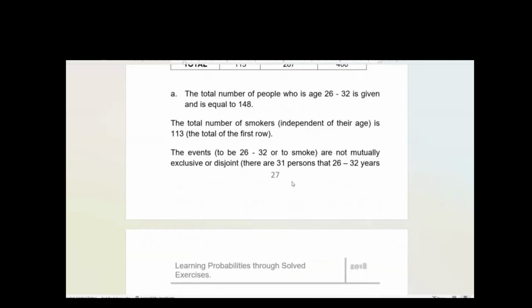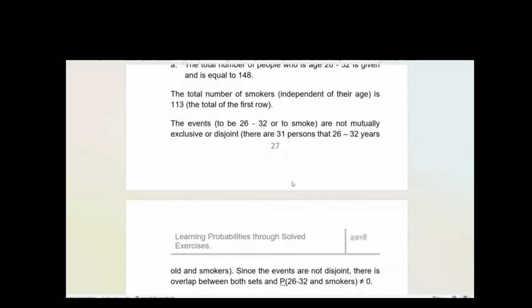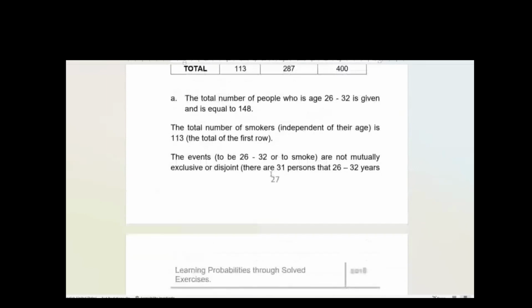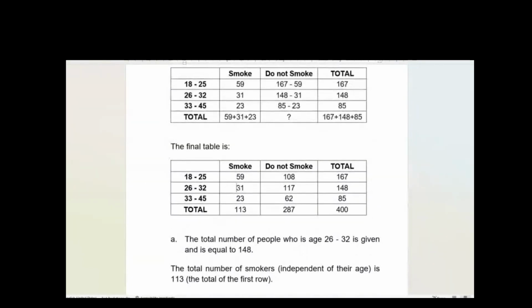Now, if we want to find the probability that the person is 26 to 32 and smoke, we know that these are not mutually exclusive because there are, in this case, 31 people that are in the bracket of 26 to 32 and that are a smoker.